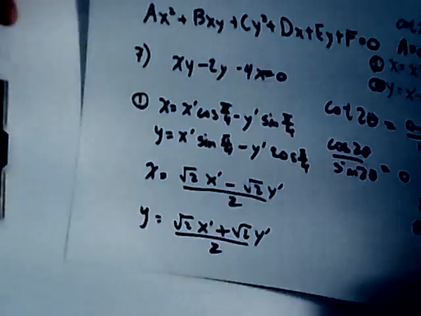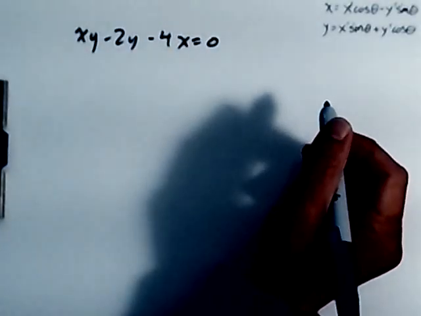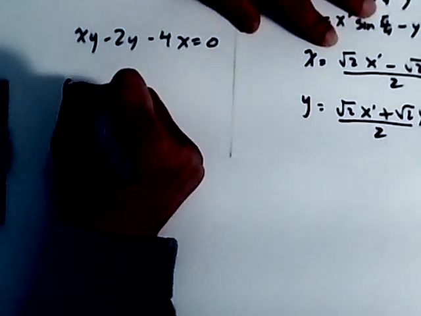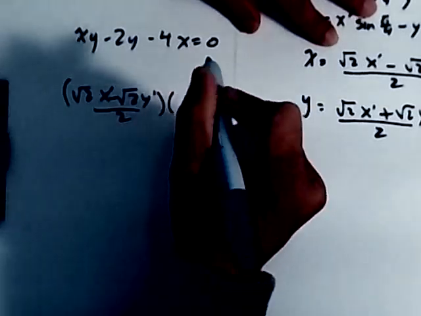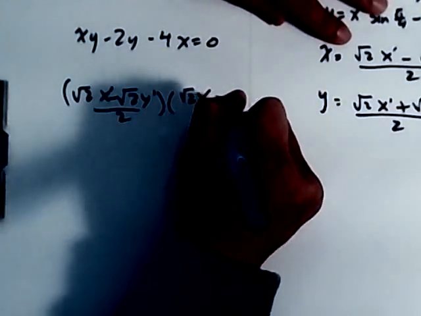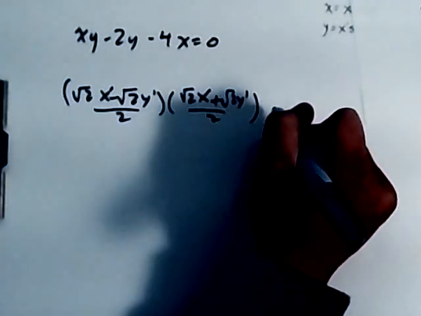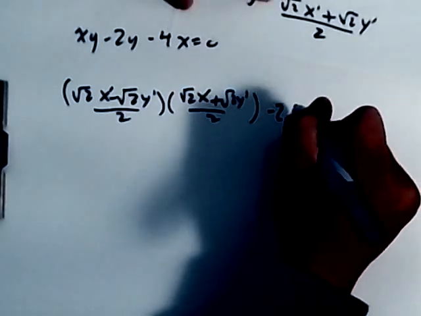We did the second part. Now comes the hard part. We're going to put into the equation xy minus 2y minus 4x equals 0. My x value is located right over here. So it's root 2 x prime minus root 2 y prime all over 2, times root 2 x prime plus root 2 y prime all over 2, minus 2 times y, which is located right over here.